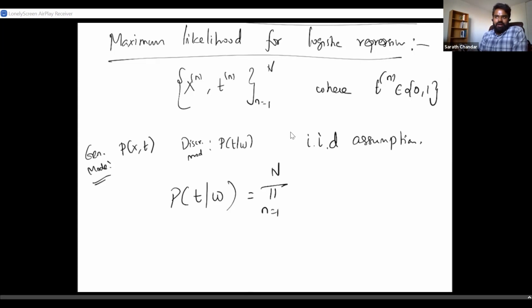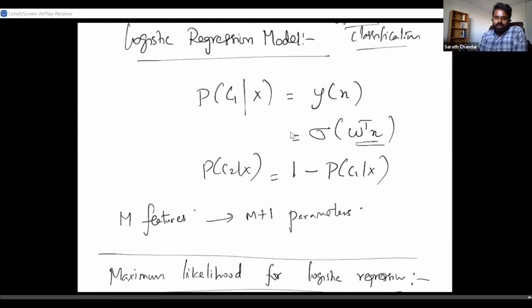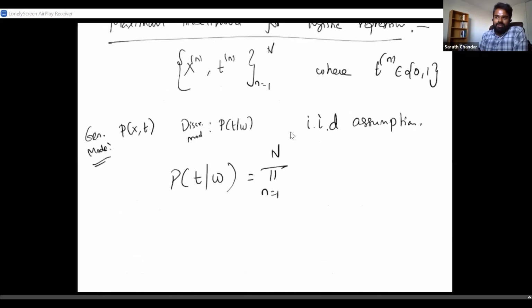Now I'm going to write the formulation directly here, but we have done this previously. For class 1, the probability is given by y. For class 2, the probability is given by 1 minus y. So I'm going to directly write the likelihood. It is y if the class is 1, and 1 minus y if the class is 0.